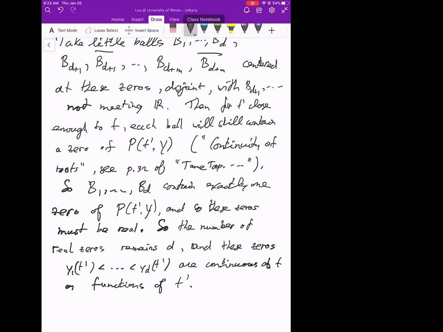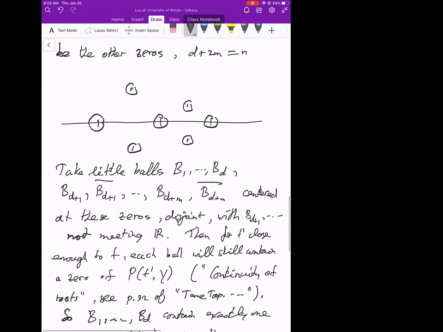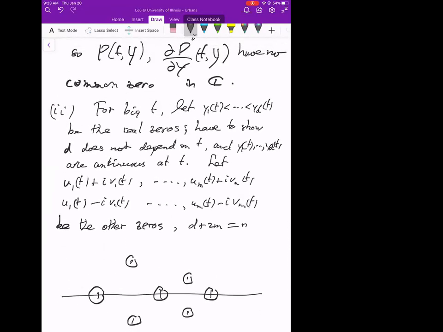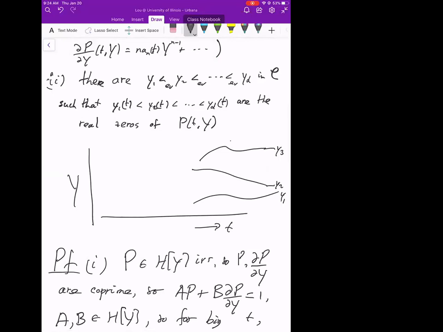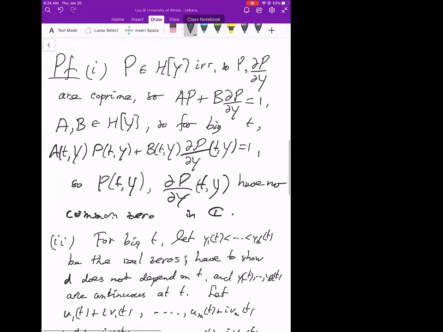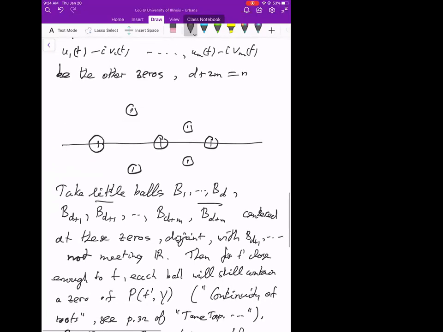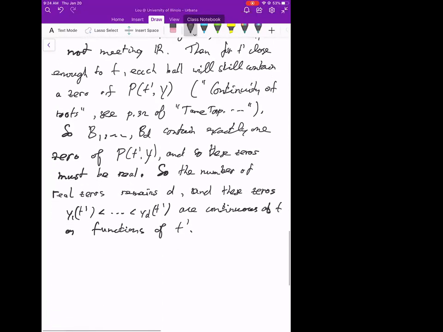And of course, then the rest is a connectedness argument. This shows that locally around t, what I said in part 2 is correct, if I stay close to t. But because of connectedness of the real line, this local behavior remains valid globally, for big enough t. Now use connectedness.